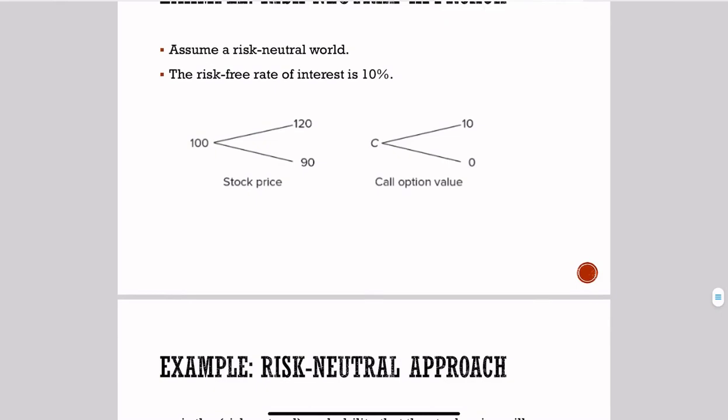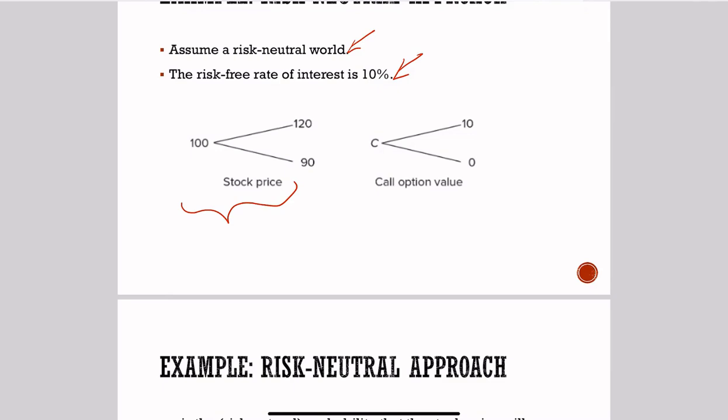So let's assume a risk neutral world, and the risk-free rate is 10%. Again, we have this same sort of setup. So today's stock price is 100. Tomorrow it's either 120 or 90.